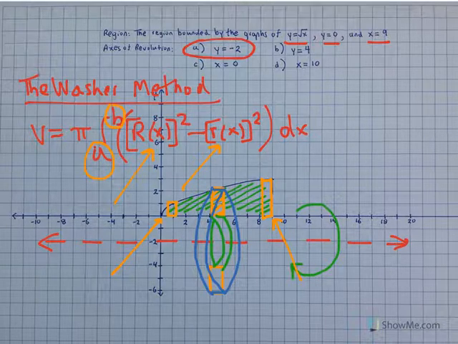And why are we going to integrate with respect to x in this problem? Because in the development of the disk method yesterday and in the washer method as well, the dx represents the height of each disk or each washer. And the height of our washer here is a difference in x coordinates, the difference in the x coordinates of consecutive partition points.